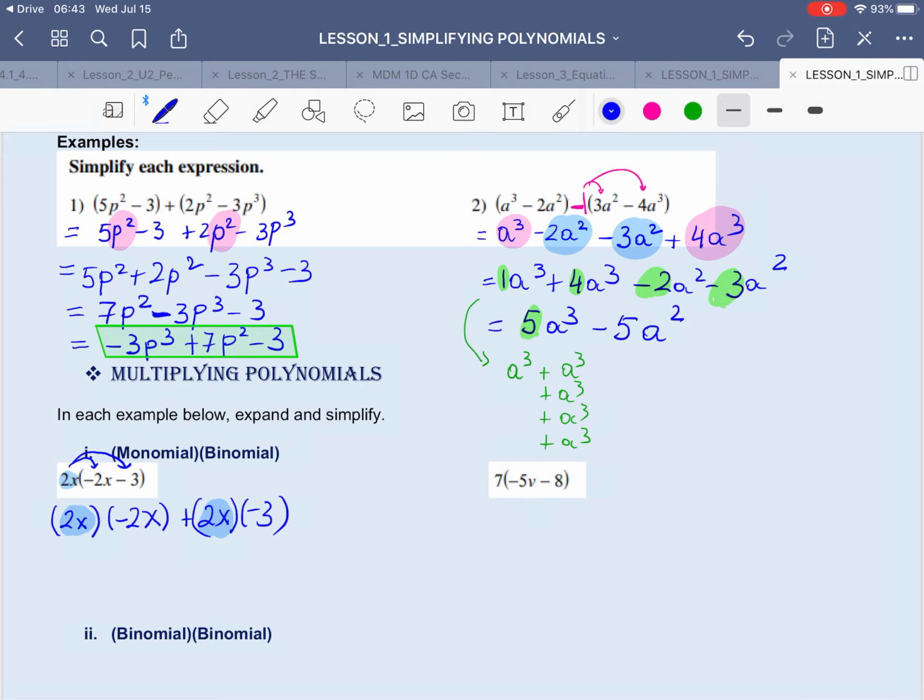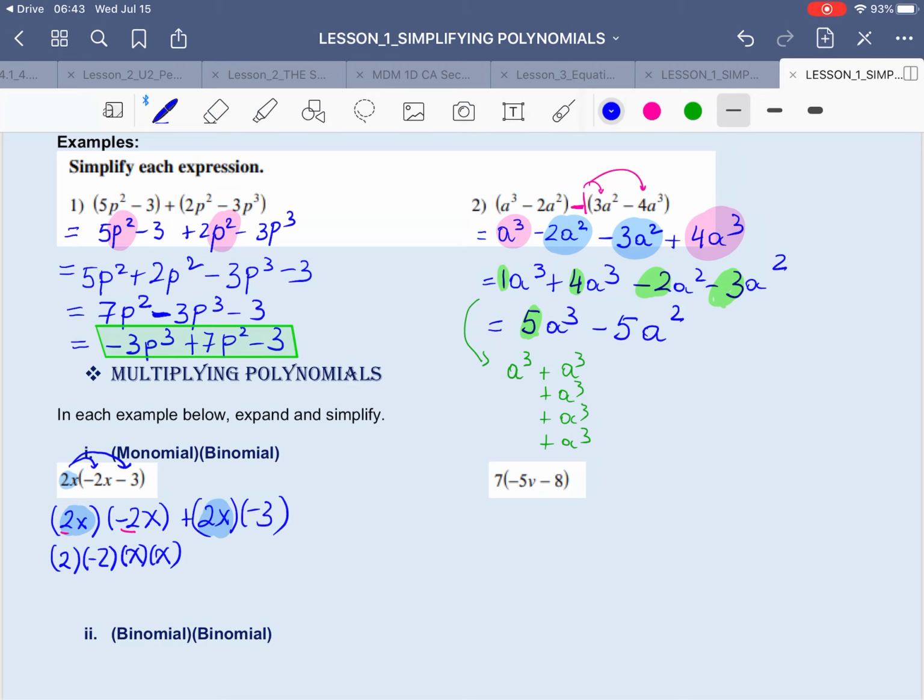So 2x times negative 2x would equal, remember that we multiply the coefficients together, and I will show the work in here just in this example. So that's same as 2 times negative 2, and then x times x.